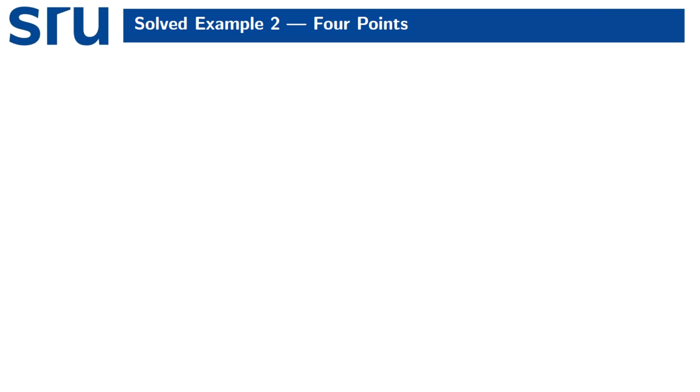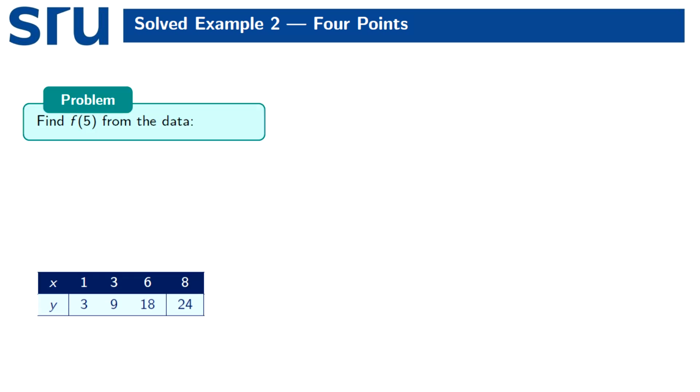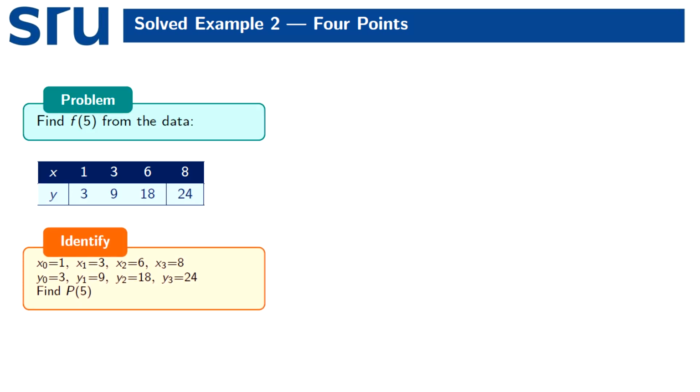So now let us move to solve example 2, where we are given 4 data points. This question is slightly more advanced and very important for exams. So let us try to understand the problem.